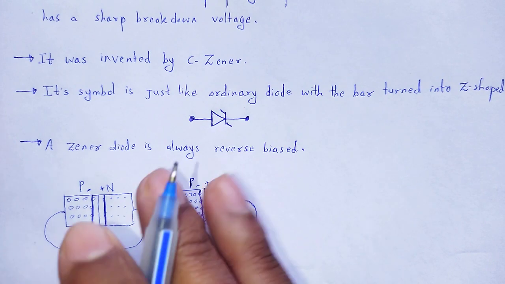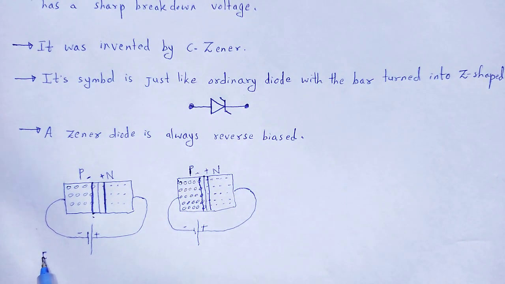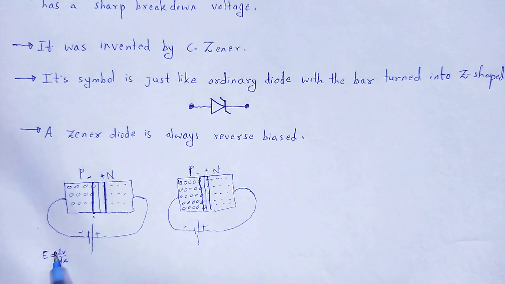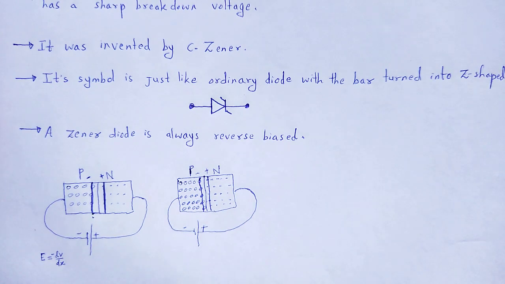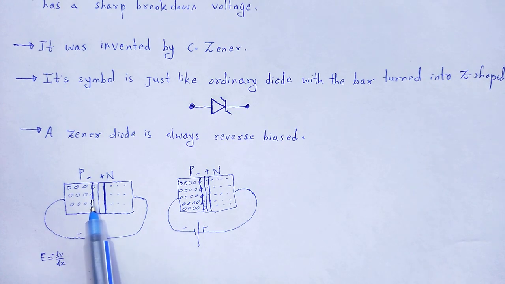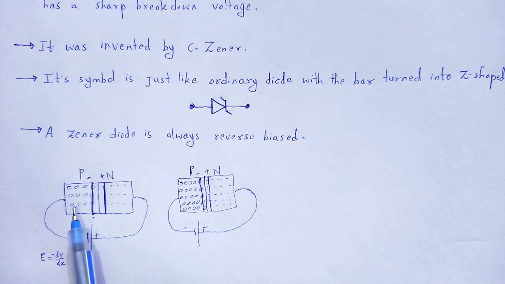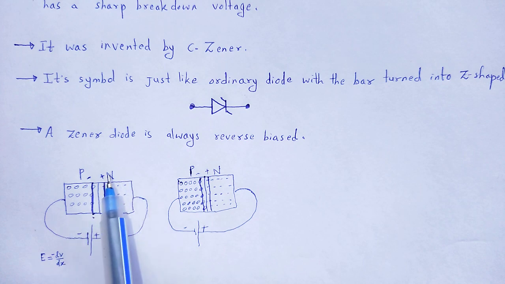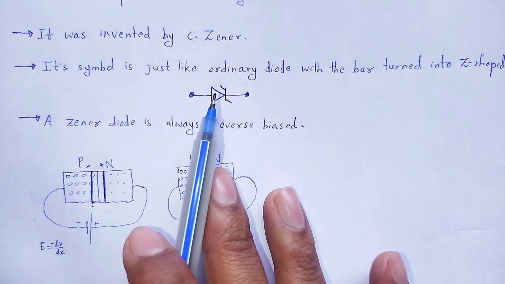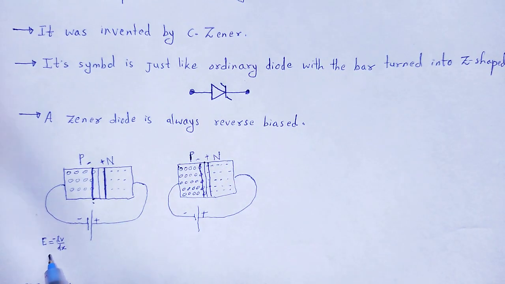As we know, E is equal to negative dV by dx, the negative potential gradient. As a result, a huge number of electrons flow and the reverse current is suddenly high at a certain range of voltage, and heat is generated.